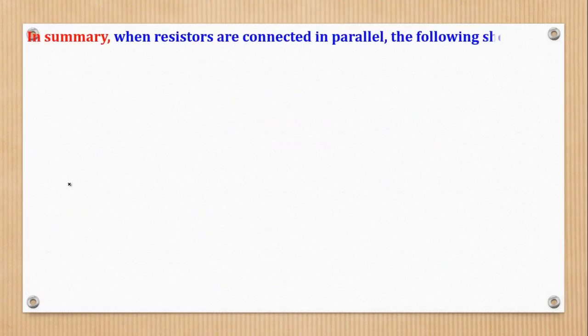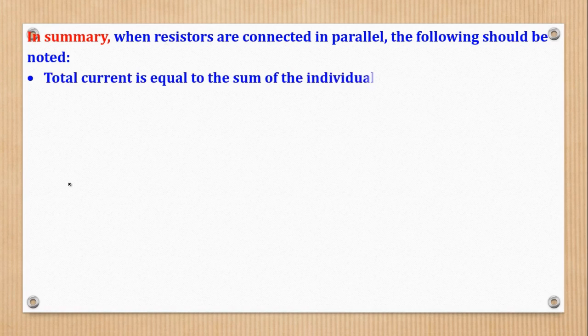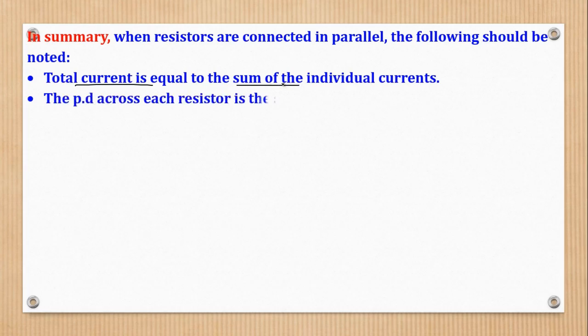So in summary, for resistors connected in parallel, the following should be noted. One, the total current is equal to the sum of the individual currents. Two, the PD across each resistor is the same.